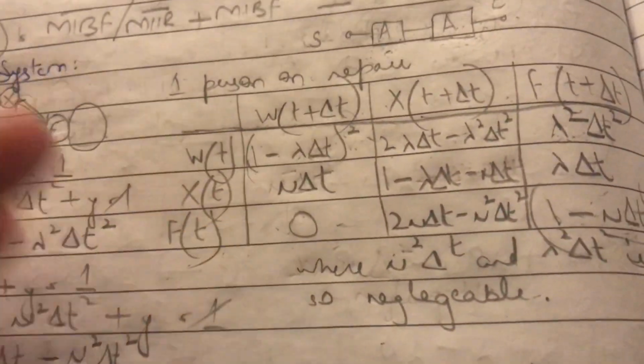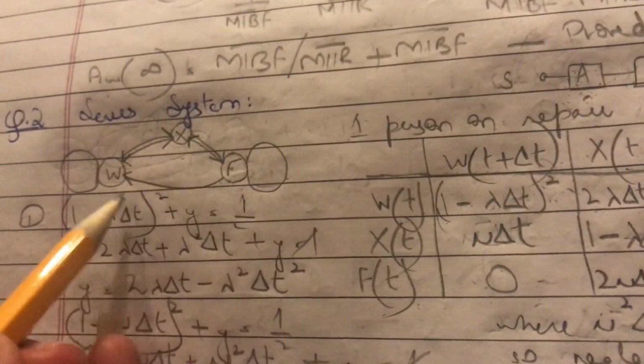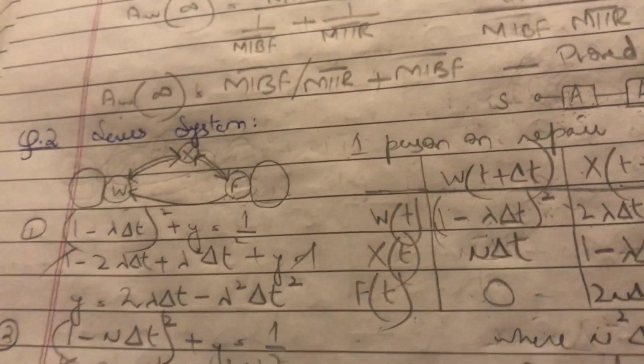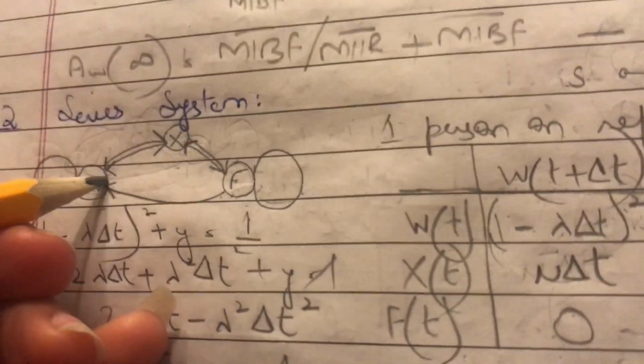And what's next? Now here what we wrote in the series, we go from failed state to the working state, but here we can't go from the failed state to the working state.